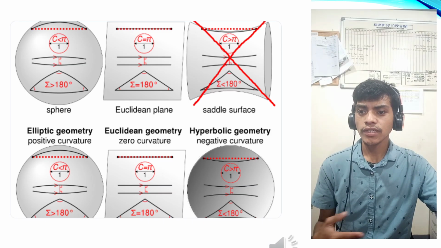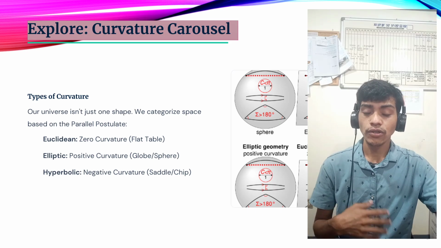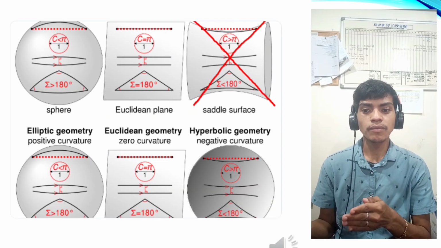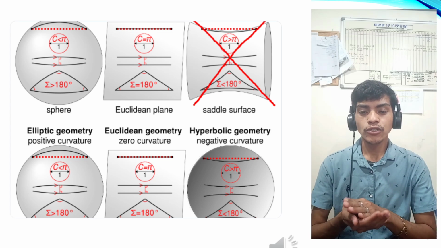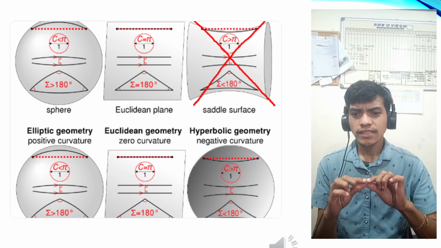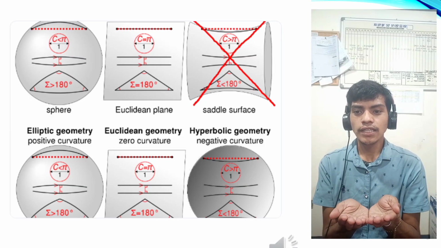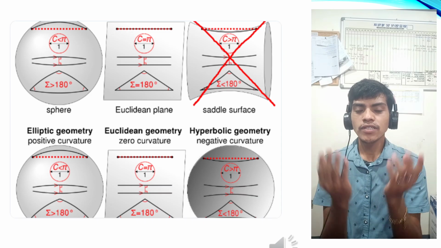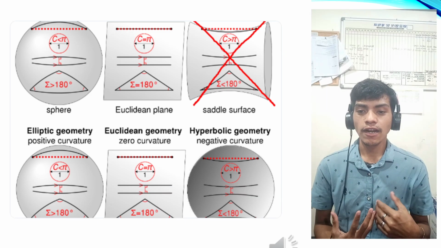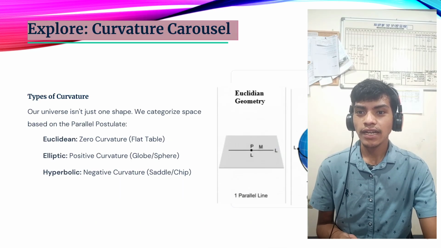Now number 3 is hyperbolic. This hyperbolic is a negative curvature, like a saddle or a potato chip. This curvature of the hyperbolic is like a potato chip that, when you cut it, will be curved. Here is another example, the curvature carousel.